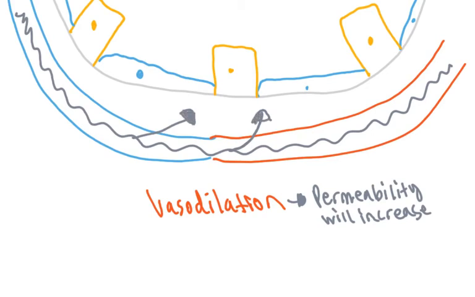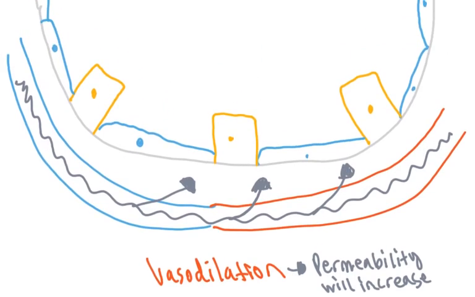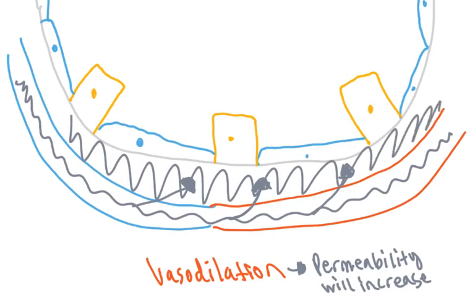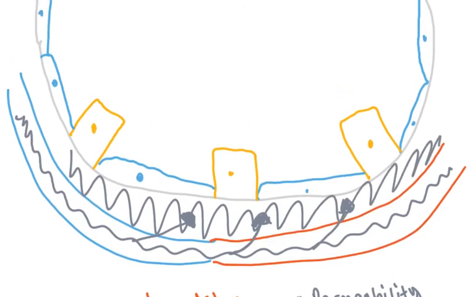So we're going to have fluid start to leak out, and you can already guess that now we're going to have fluid here. And remember, our type 2 pneumocytes are getting damaged, and they secrete surfactant, which initially decreases surface tension.